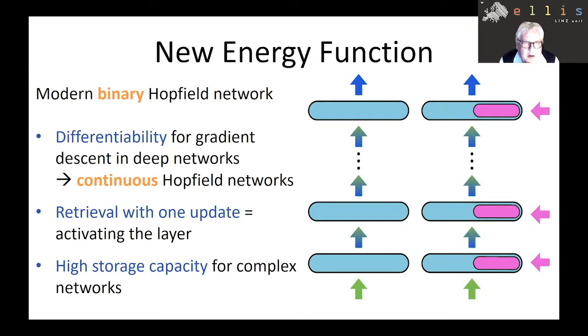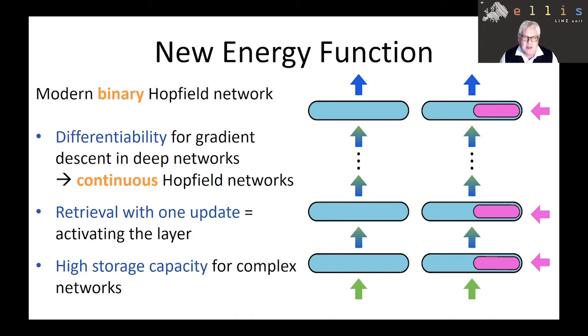These are cool things, these binary Hopfield networks, but there's one problem for us. We attempt to integrate them into deep learning architectures. Like here, we want to do it in a layer, but still we want to use backpropagation. We still want to use gradient descent, and therefore we need them to be continuous, to be differentiable. Another thing we try to keep, one of the cool properties, is retrieval with one update.